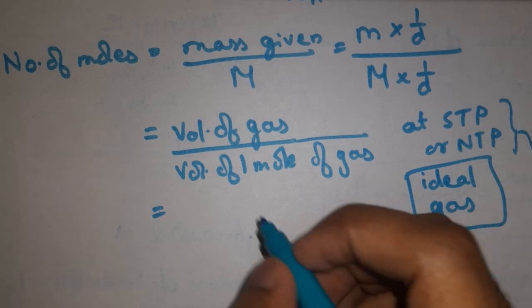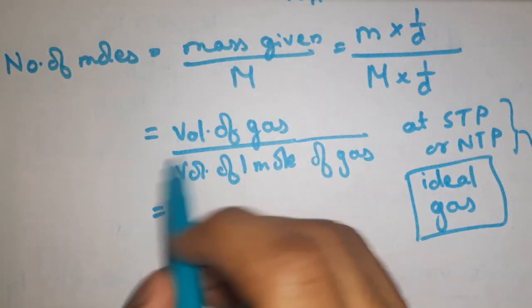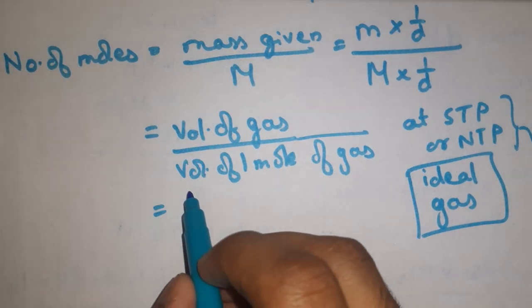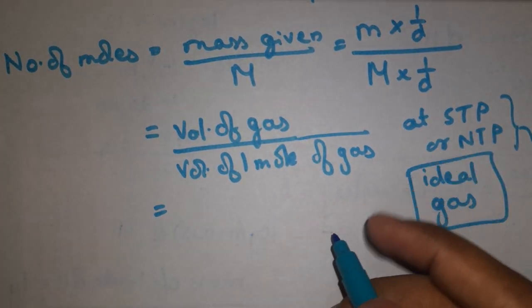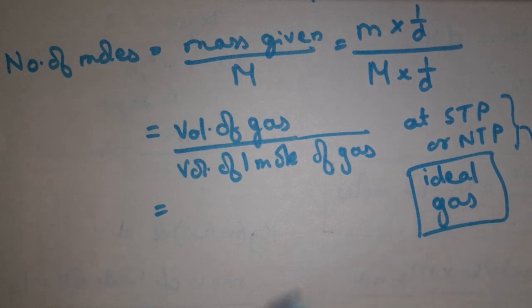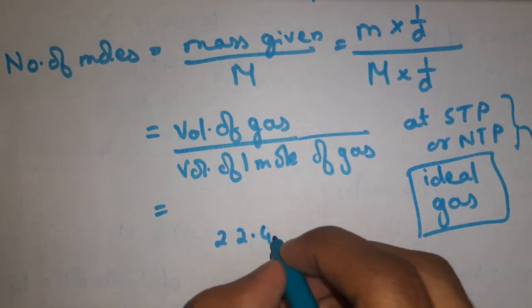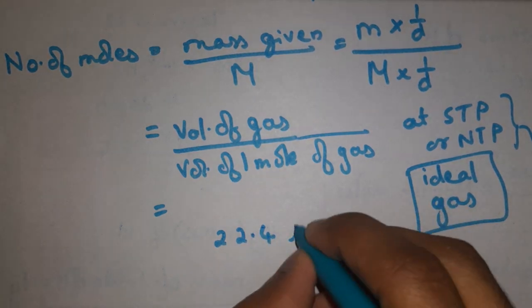Okay, so I'll explain why this is only for gases. The thing is that the volume of 1 mole of any ideal gas is essentially 22.4 liters.